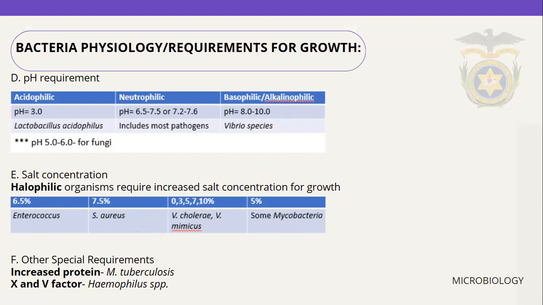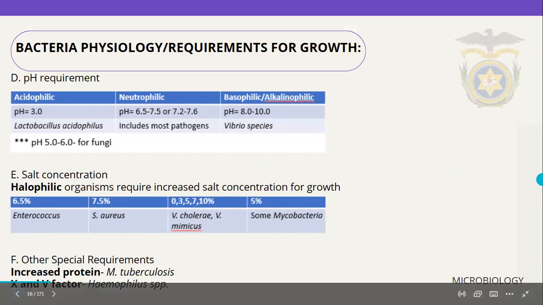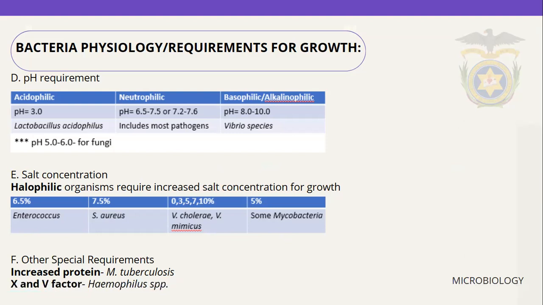Next, we have 7.5% for Staphylococcus aureus, and then 0, 3, 5, 7, 10% for Vibrio cholerae and Vibrio mimicus, and 5% for some mycobacteria. We also have other special requirements. The first is increased protein for Mycobacterium tuberculosis, and the X and V factors for Haemophilus species.